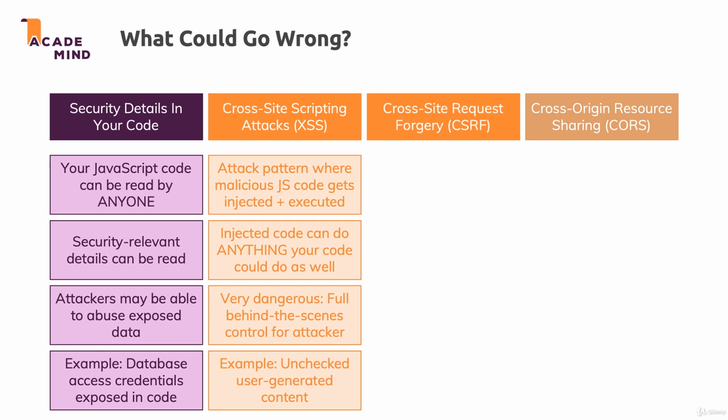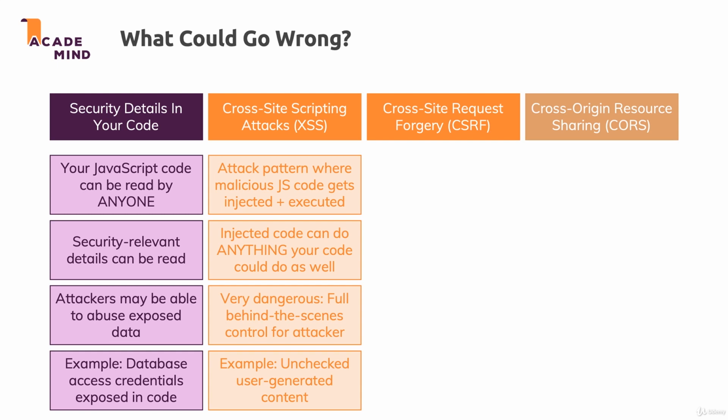If you expose code there, all your JavaScript code is always readable by anyone. That's something you have to keep in mind. Exposing important information in your JavaScript code allows anyone to read and abuse it. And cross-site scripting attacks allow users to prepare data or prepare links which all visitors of your page might then see, and if that prepared data contains scripts that execute, then for all visitors of your page, these scripts will execute and can do dangerous stuff, like read personal data, send malicious requests with user data to some malicious servers, and so on.